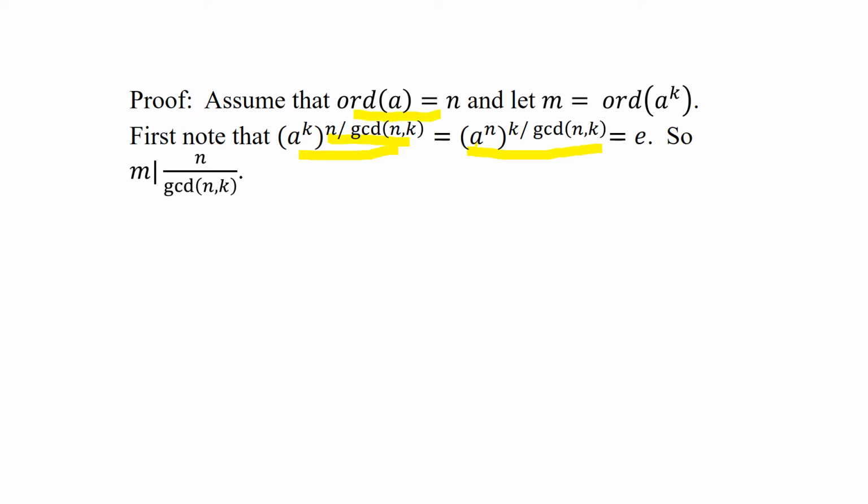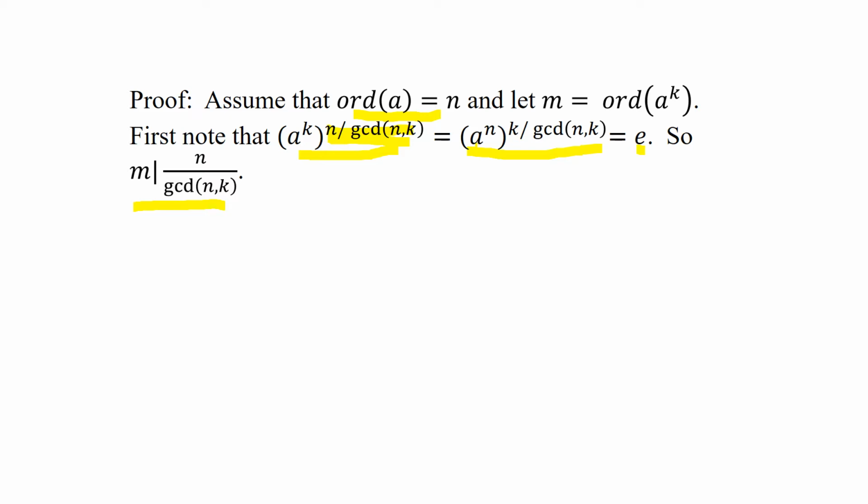So I've verified that if I take a to the k and raise it to this power, n over the GCD of n and k, I get the identity. As I said, that is not a guarantee that n over GCD of n and k is the order of a to the k. However, using our previous result, it does tell us that the order of a to the k is a factor of that ratio. What we need to show is that they're actually equal.